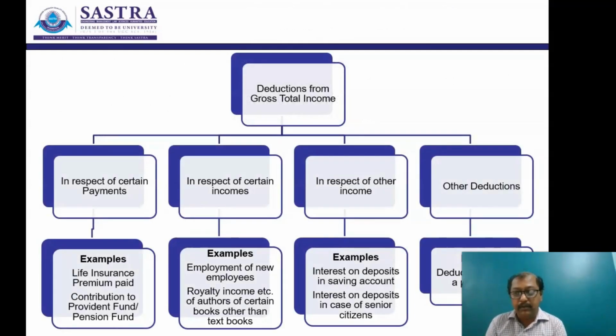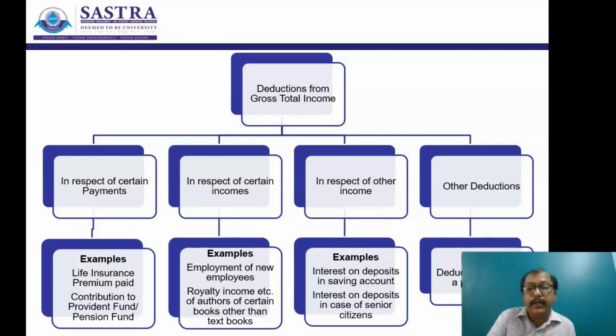For example, there can be some deductions and some exemptions. As far as deductions are concerned, in respect of certain payments, deductions can be given. For example, you pay for your life insurance plan, or you pay your contribution to provident fund.